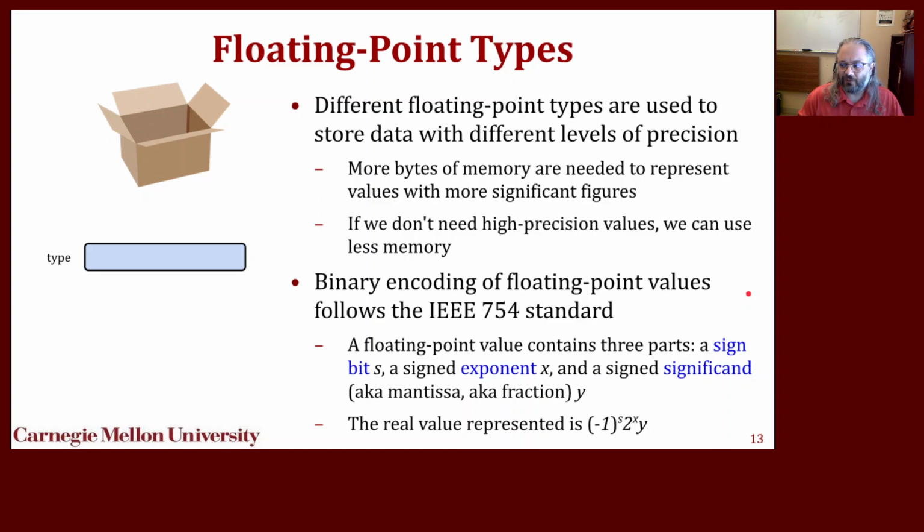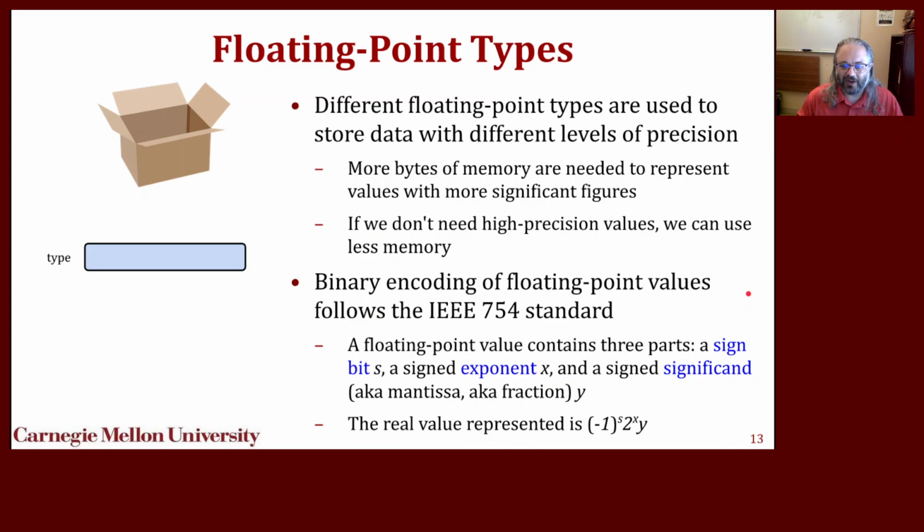What the 754 standard says is the encoding of a floating point number includes 3 parts. It includes 1 bit that is used to indicate whether the floating point number is positive or negative. This is called a sign bit. It has some number of bits that are devoted to representing an exponent and some number of bits that are used to represent what is called the significand, sometimes also called the mantissa or the fraction.